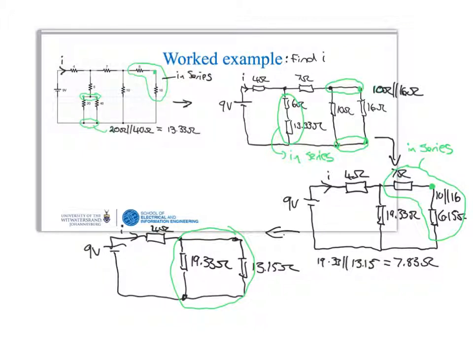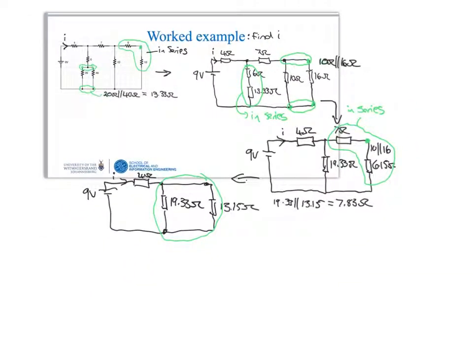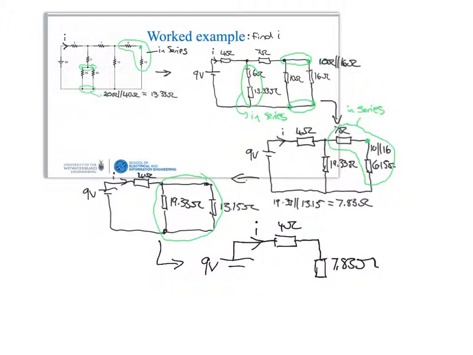And this circuit can therefore be reduced to the 9-volt battery with the current I flowing and the 4 ohms and the 7.83 ohms.